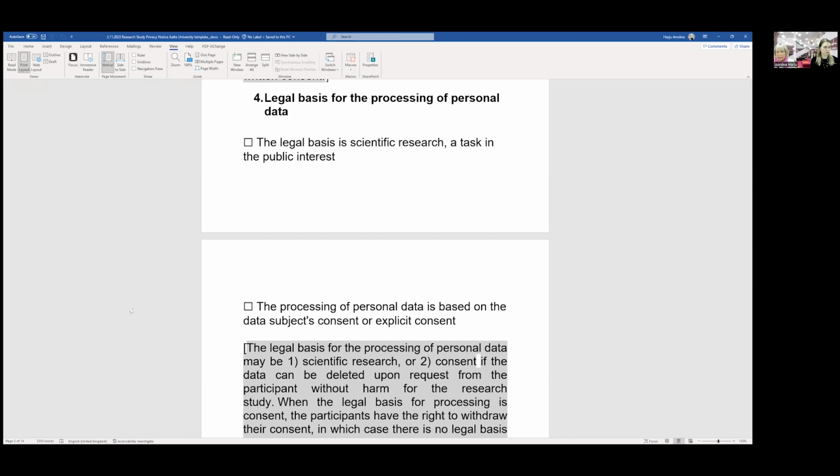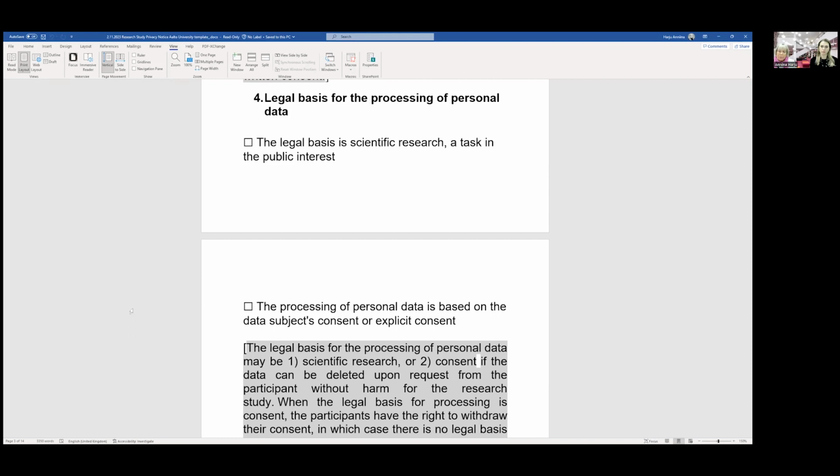One of them is consent, and then explicit consent for special category data. As I said, the special category personal data processing, for example, health data, sexual orientation, ethnic background, then requires the specific legal basis of explicit consent.